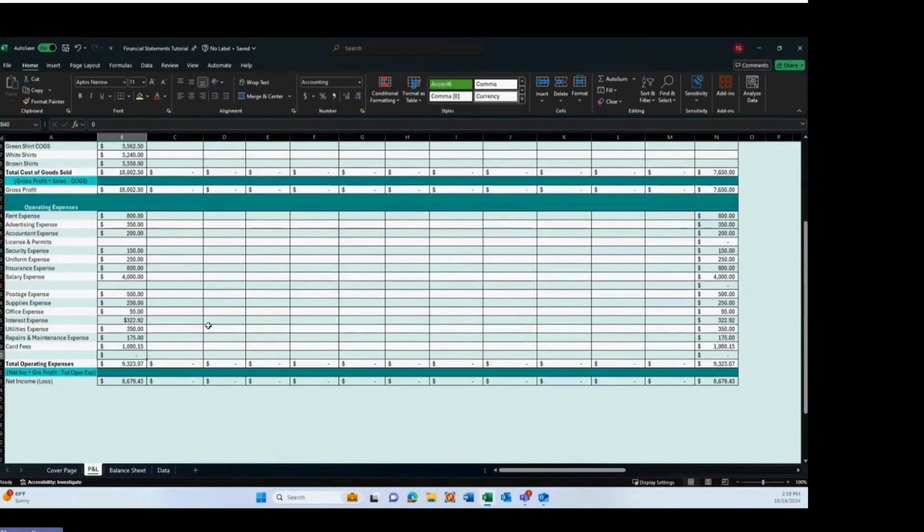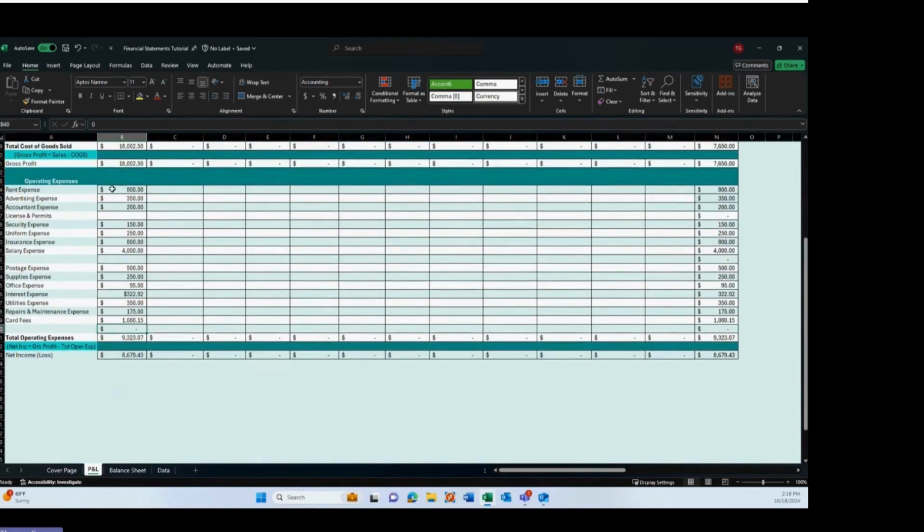But if we go down to operating expenses, there's another piece of data here that most business owners find to be very valuable. If you add up all of these expenses for the month of January, we see that they total $9,323.07.